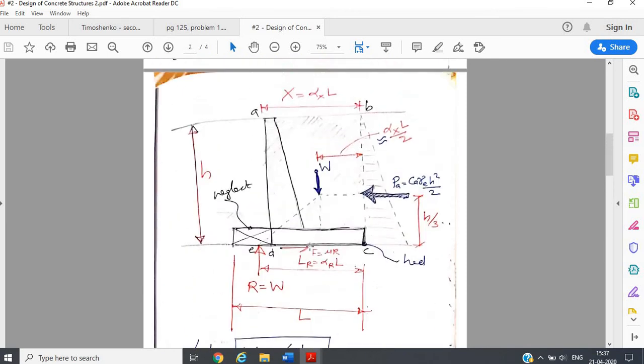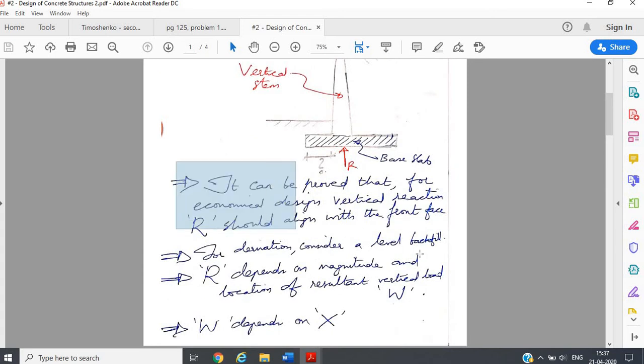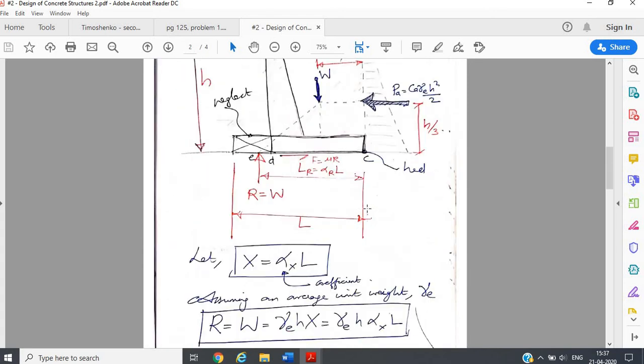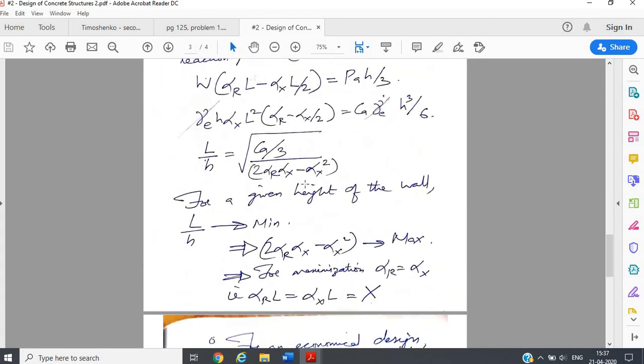Which means in this diagram, if alpha R equal to alpha x, the reaction is exactly at the position of the vertical straight edge of the vertical stem, which is what we had initially stated. So that is the proof for that.